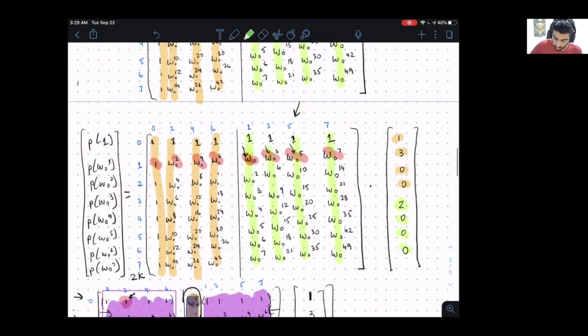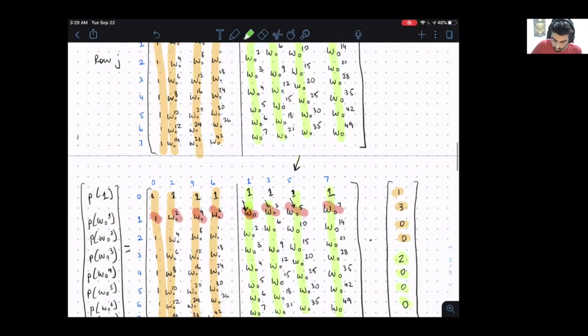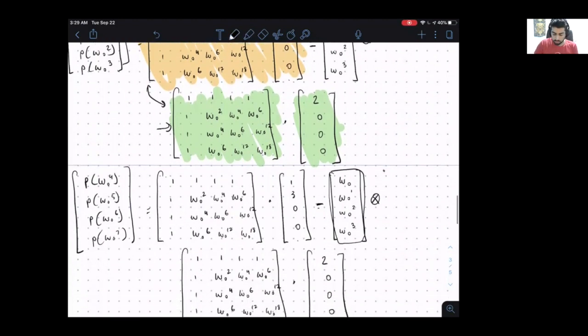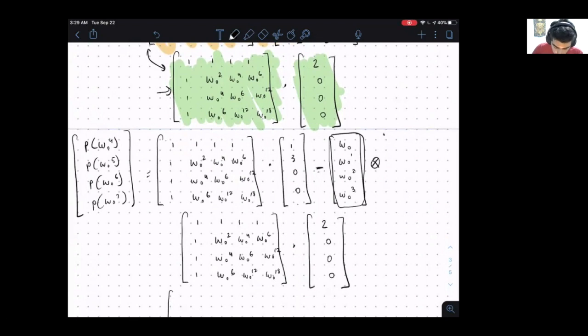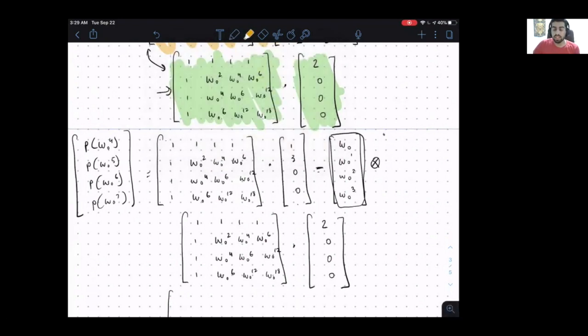So our original coefficient matrix looks something like this: 1, 2, 3, 0, 0, 0, 0, 0. We have to do this subcomputation with this smaller matrix times the even terms plus some constant times the smaller matrix times the odd terms. And for the bottom half, as we said, we can pretty much reuse the exact same computation.